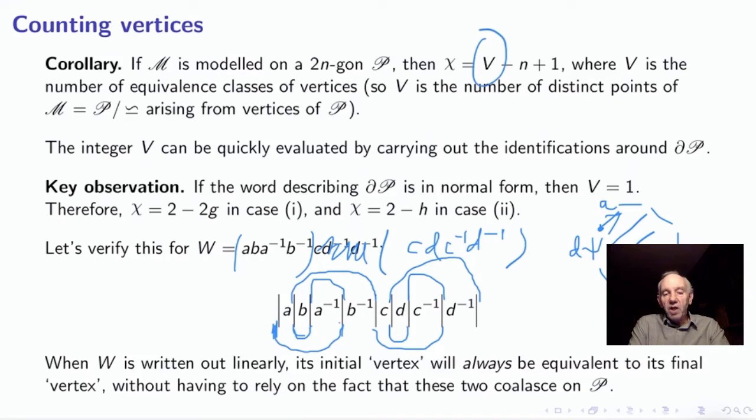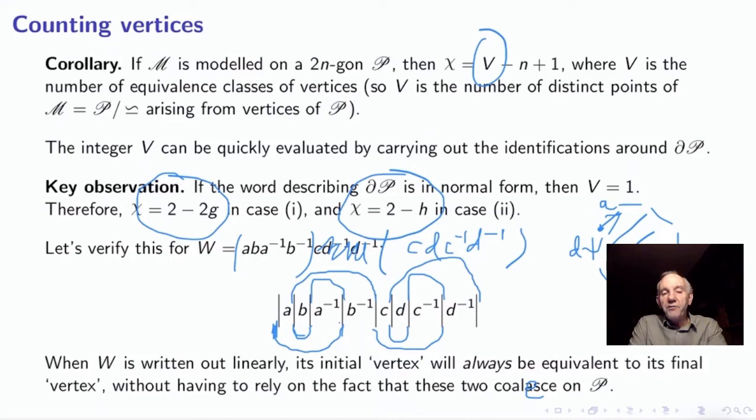The other thing I really want to say, there's a typo here. It always turns out that the first and end vertices, even if you break the necklace, will always be equivalent. Well, that's a separate matter. Let me emphasize, going back to this observation, that if the surface is oriented, its Euler characteristic is even.